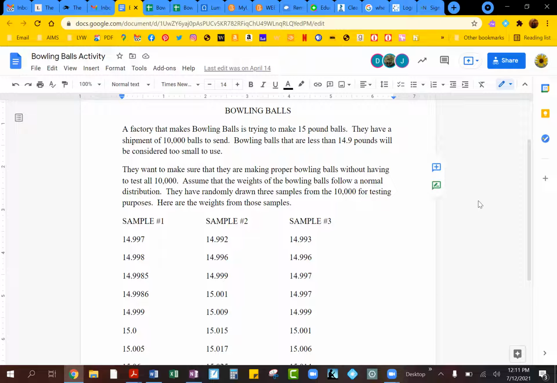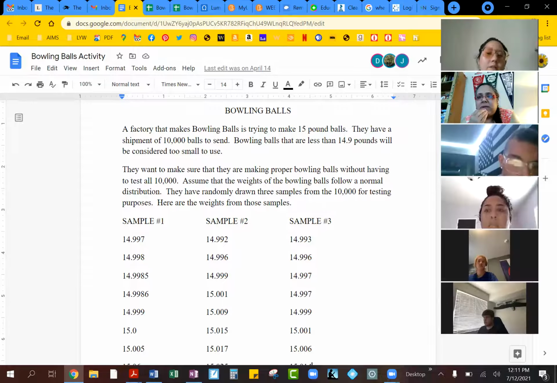So no, you don't have to do it that way, because remember, what is the ideal weight they are hoping for these bowling balls? 15 pounds. So what do you think that would be in terms of our mean and standard deviation?